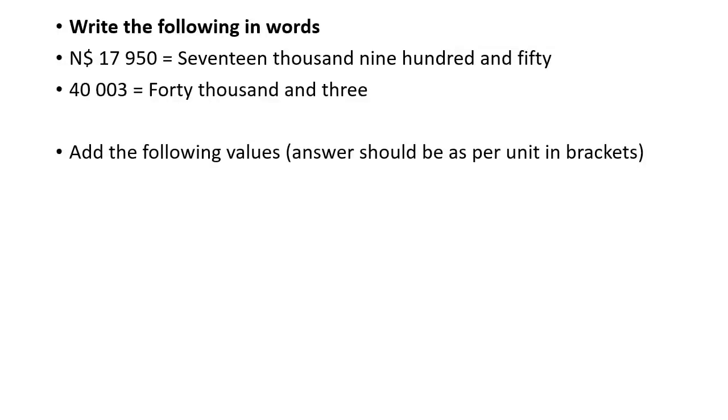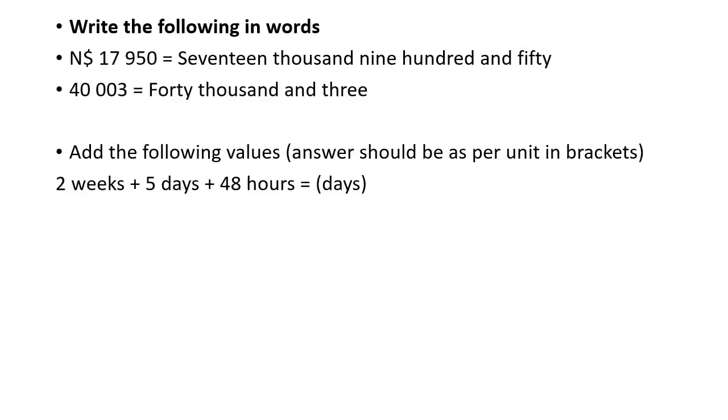For the following values, for example, you have 2 weeks, 5 days, and 48 hours. Now they want you to write this in days. Your total must be in days. So what is 2 weeks? You have to convert the 2 weeks to days. You have already the 5 days.